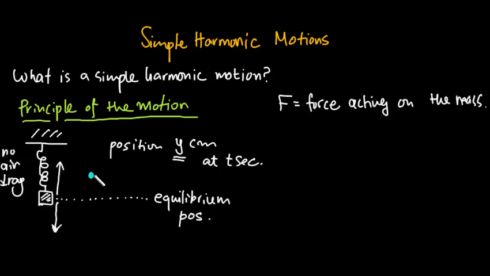But the principle says if you're in this location, the force acting on this mass, created by the combination of both the spring system and the gravity, is in this direction. Altogether, it is pushing down toward the equilibrium position. That's the direction of the force, and the magnitude of the force is exactly y.